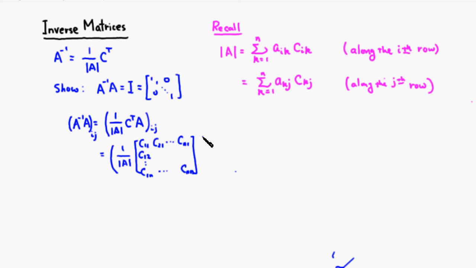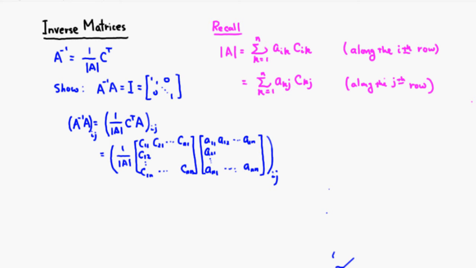Then multiply by matrix A. So it's A11, A12, and so on, A1N, A21, and so on, AN1, and so on, ANN. So it's a little tedious. Then we're going to look at the ith row and jth column element.